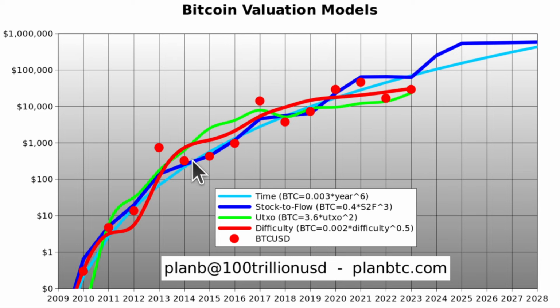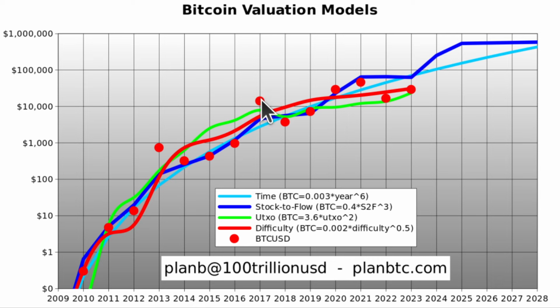And if Bitcoin is in the lower bound of the models, then it's a great time to buy Bitcoin. And actually, we are currently in the lower bounds of all the models. And of course, if Bitcoin is above all the models, and that was very clear in 2013, 2017, then you should be wary.